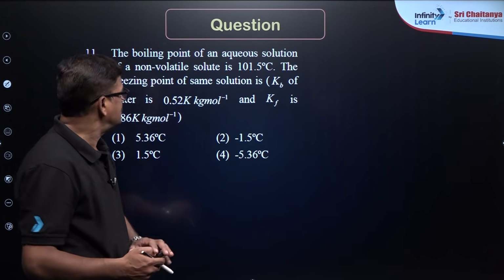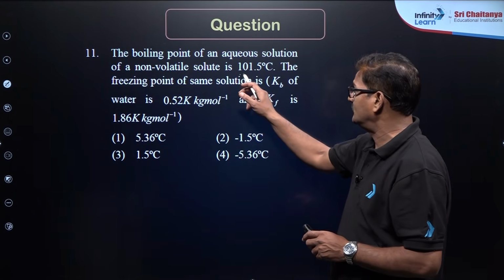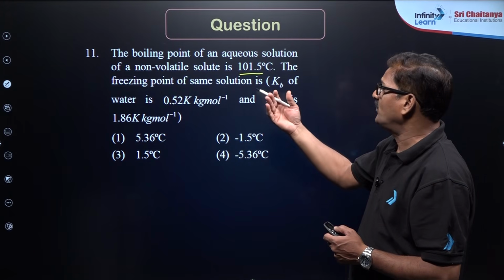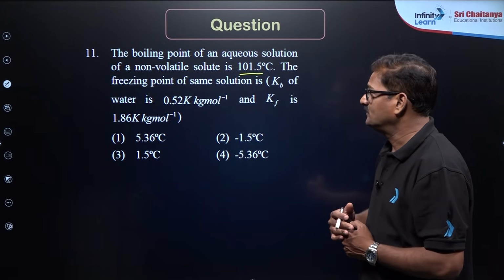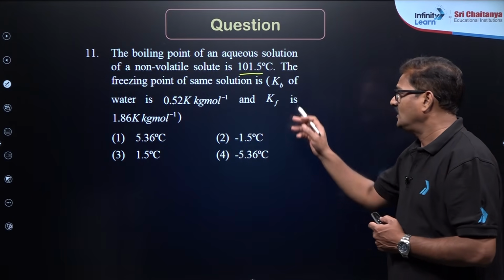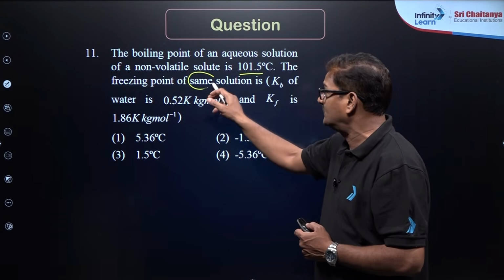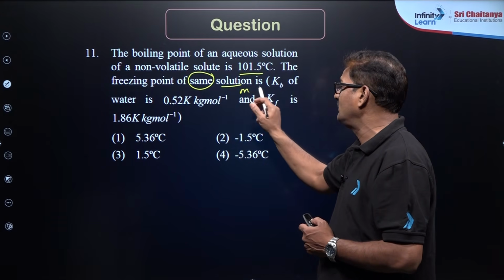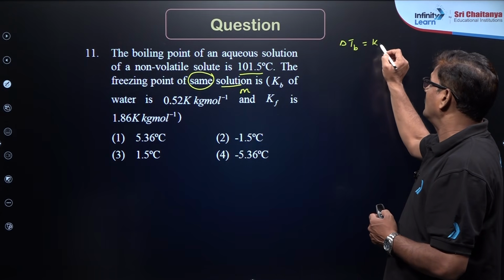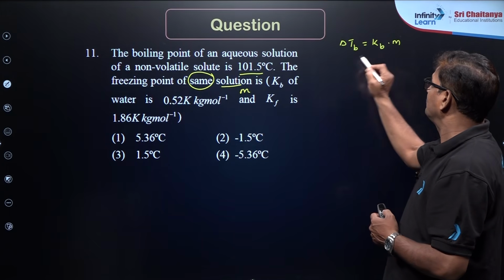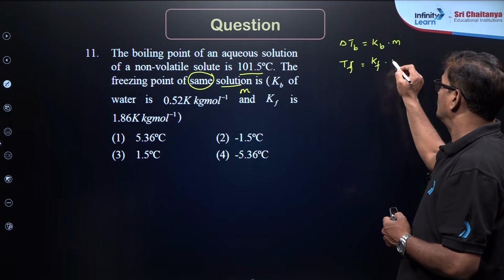Students, here is another question, asking about the boiling point of an aqueous solution of a non-volatile solute, which is given. You have to calculate the freezing point of the same solution. Kb and Kf values are given, and for the same solution, molality will be the same. We know delta Tb is equal to Kb into molality, delta Tf is equal to Kf into molality.